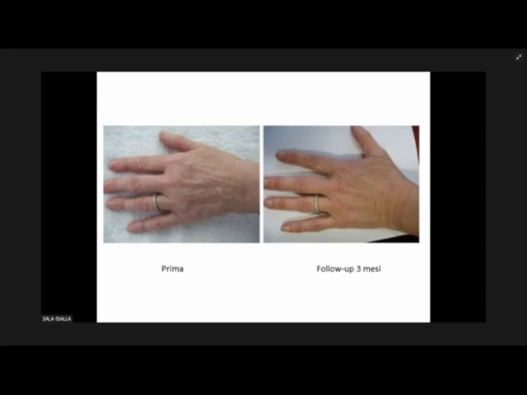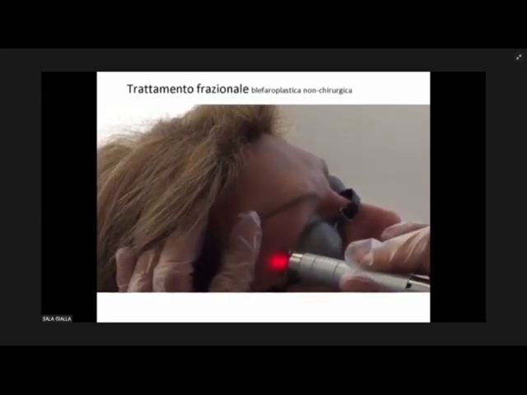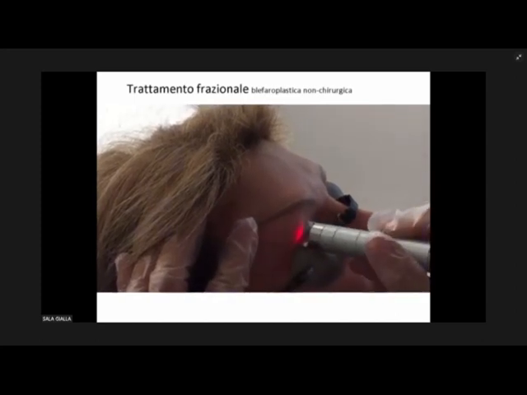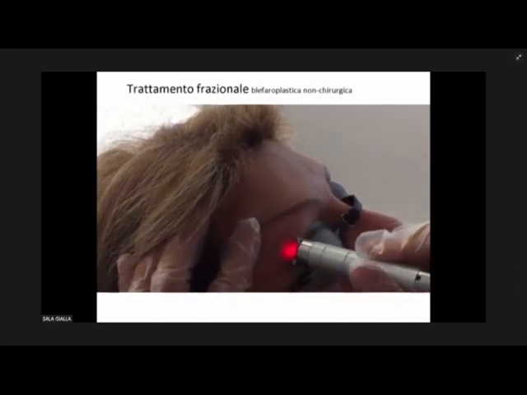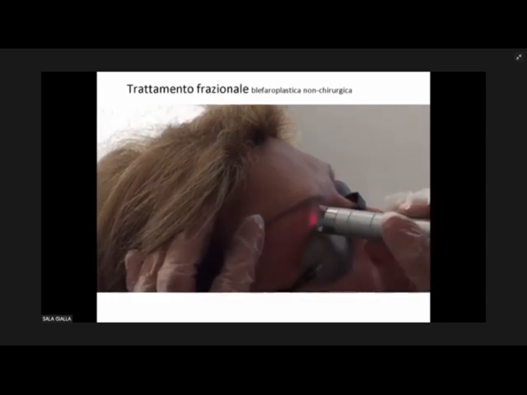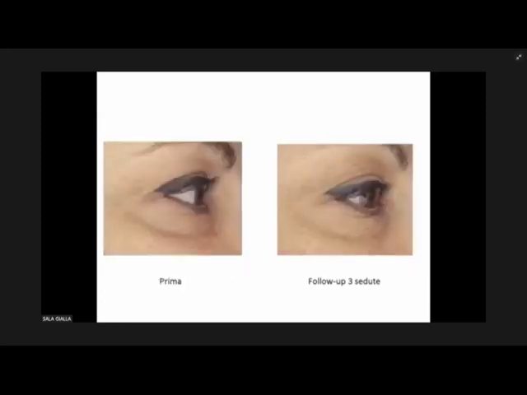We are able to work also on very delicate skin parts like the eyelid, under the eyebrow, and with a couple of sessions, we have the possibility of achieving a tightening on the upper lid. Again, some before and after pictures to show the positive results.